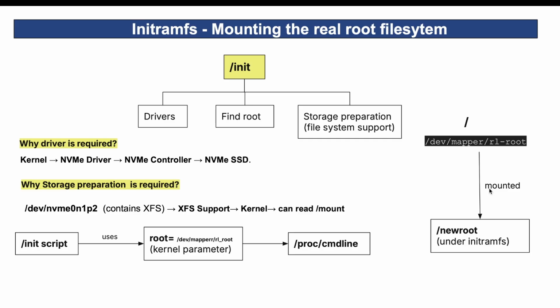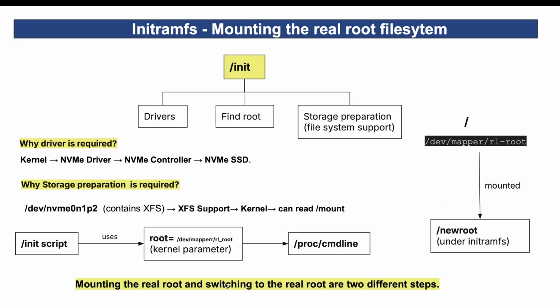It is on /new_root, which is under initramfs. Mounting the real root and switching to the real root are two different steps. Till now, we have only covered the first step, where the root file system is mounted at a temporary location at the initramfs level.